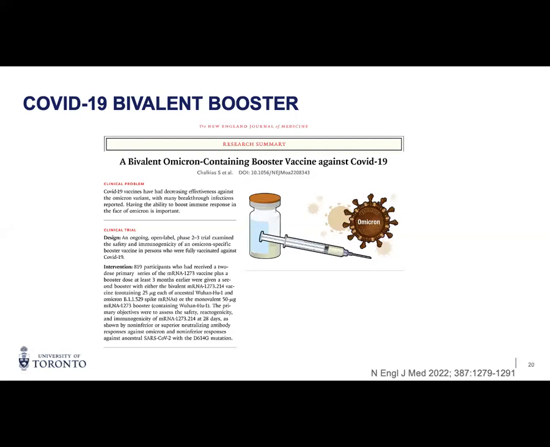So this paper published in the New England Journal of Medicine demonstrates the effectiveness and safety of bivalent vaccines compared to the original monovalent vaccine.